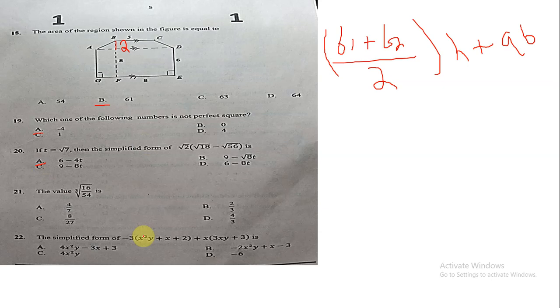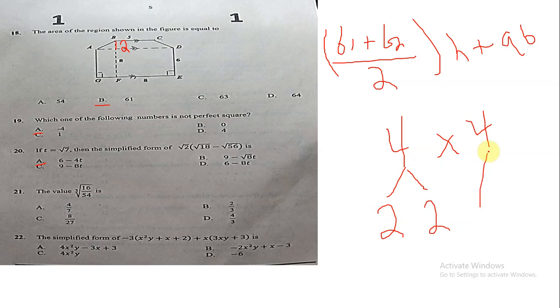Now question number 21, the value of 16 over 54 is what? Here 16 should be 4 times 4, right? That means 2 and 2, and here we also have 2 and 2.